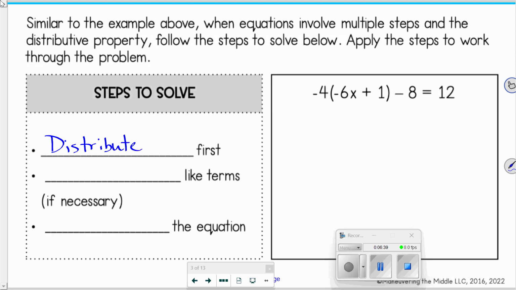Okay, so quick mini lesson. There's room here if you want to write it. GEMMA is the new version of PEMDAS. The reason being, G is grouping symbols. It is more than just parentheses.